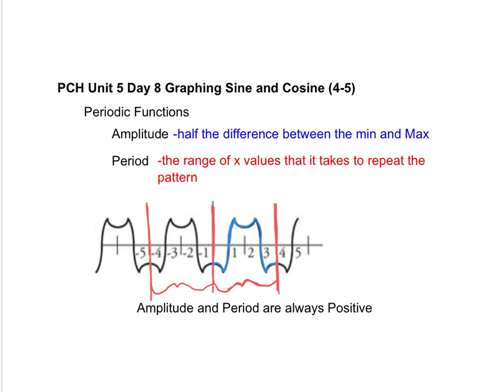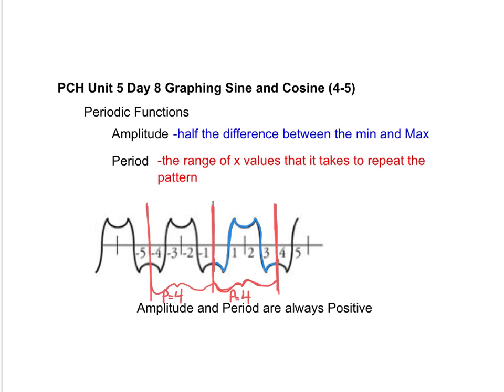So this one repeats every 4 units, okay? So from start to finish is 4 units. That distance that we see right there is what's known as the period, okay? And we will typically use a capital P to represent that period. Okay? Is everyone with me? All right.